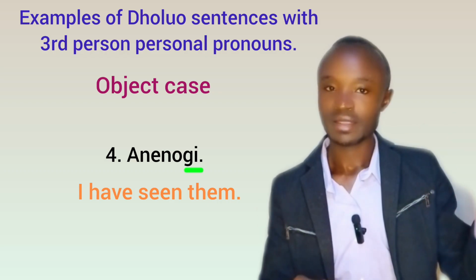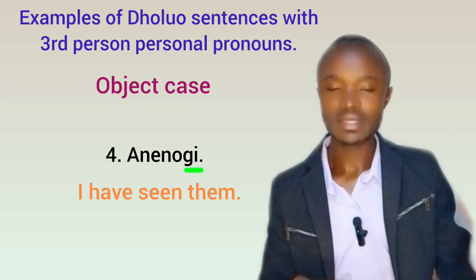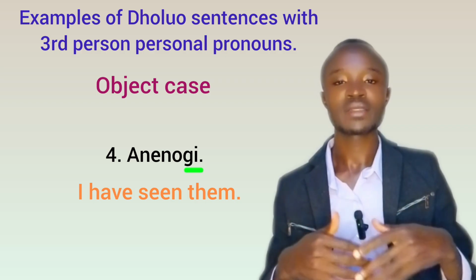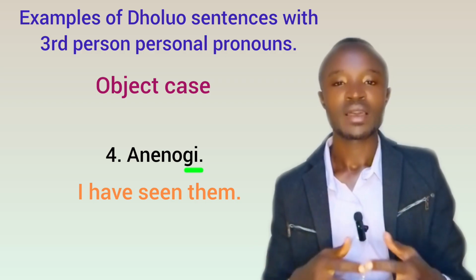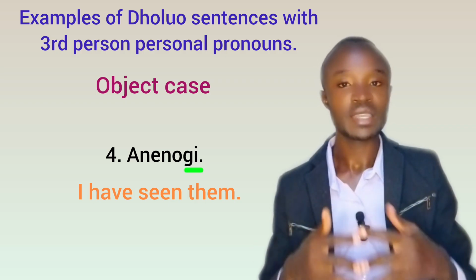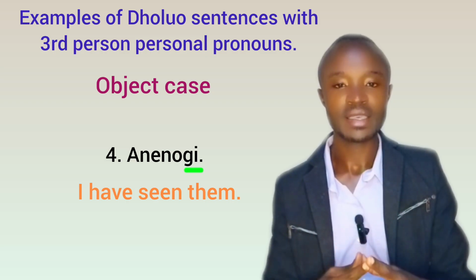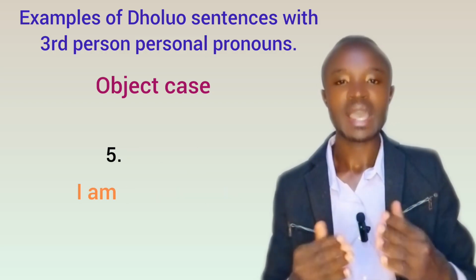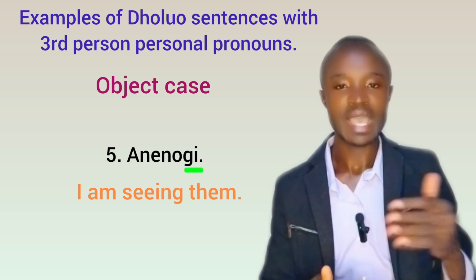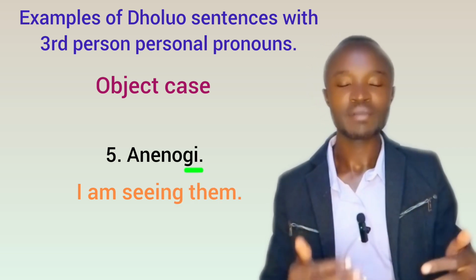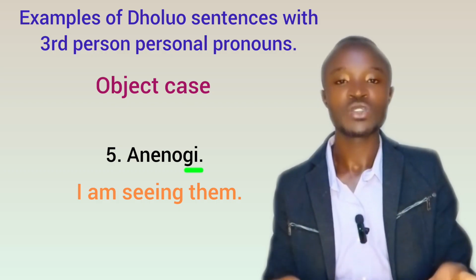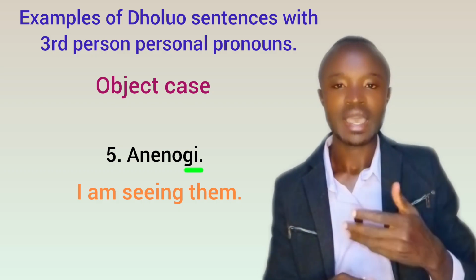Gi, third person, personal pronoun in the object case. So saying anenogi means I have seen them. On the other hand, if said with a different intonation altogether, then it will be spoken like this: anenogi, and that means I am seeing them, in the continuous present tense.